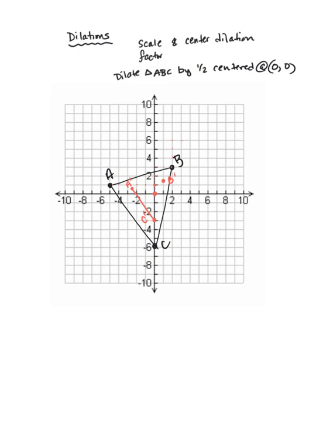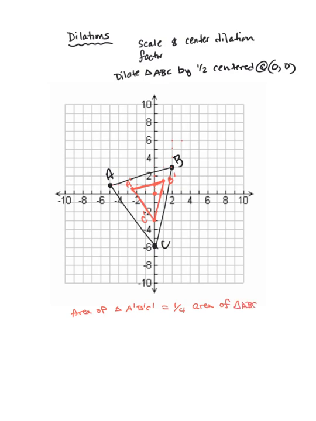Things you need to know about a dilation. The perimeter is half, but the area is actually a quarter, because you have to square the scale factor, and a half times a half is a quarter. So the area of triangle A prime, B prime, C prime is 1/4 the area of triangle ABC.